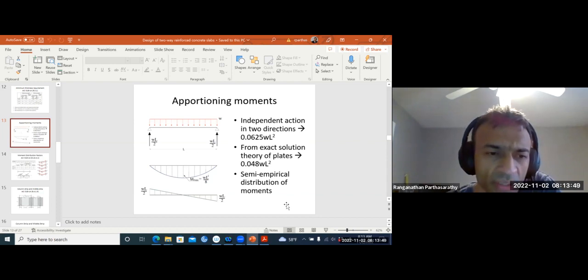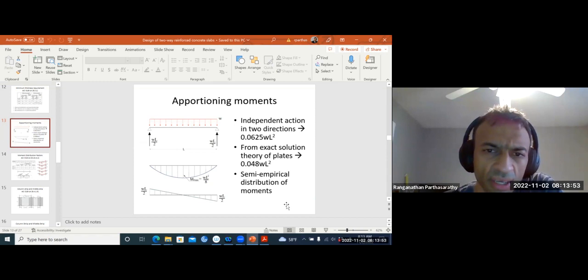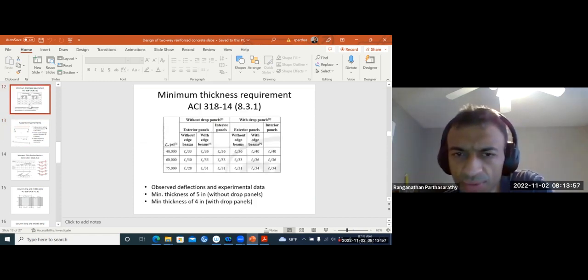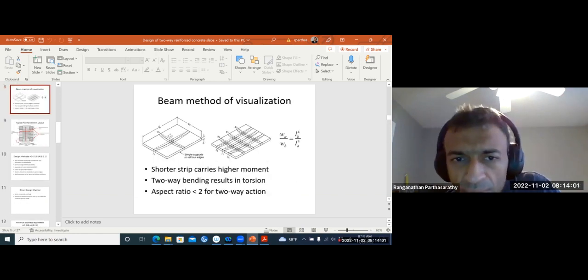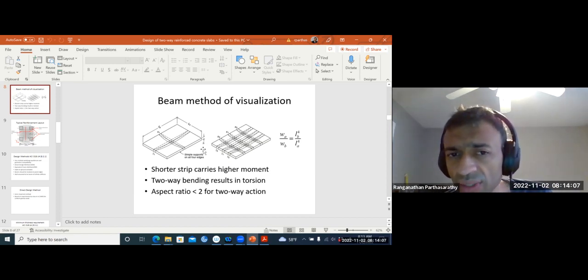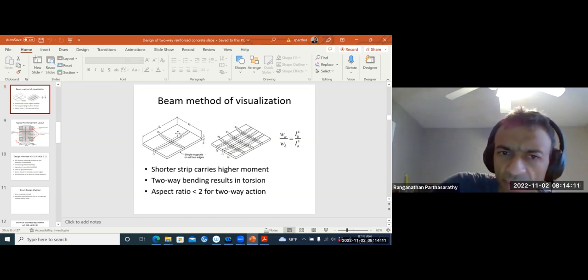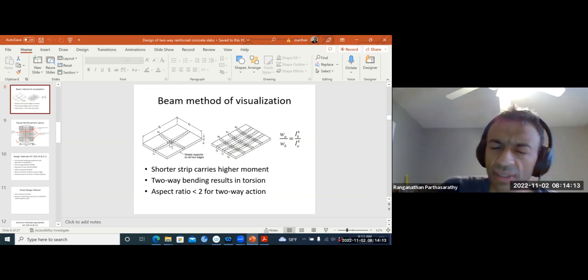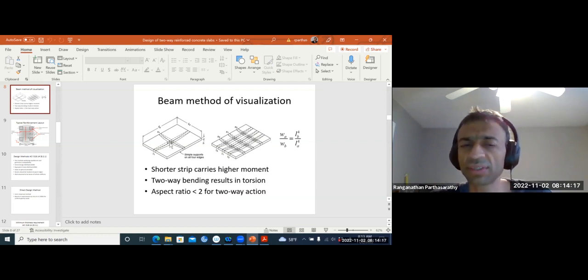Okay. Now there is one more point here, how the moments are apportioned between the two directions. For example, let's go back to this figure. Okay, compare these two. Now it is different than what you see here. Like in the left-hand side figure, you see that there is just a common point of intersection.